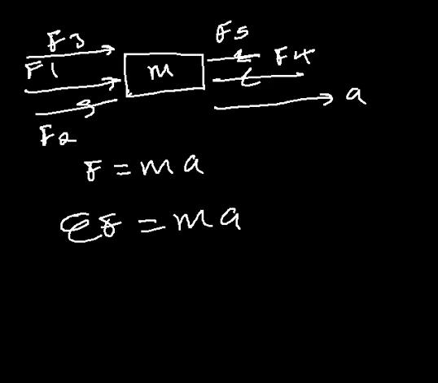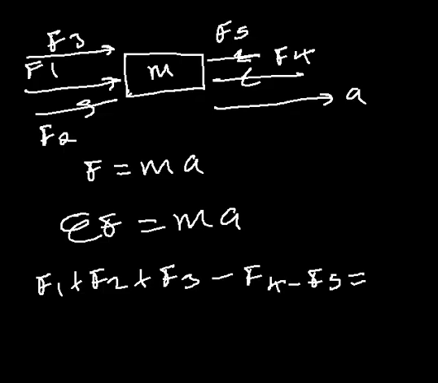So we have to sum up the forces acting. The forces acting in the direction of the motion are the positive forces. So we have F1 plus F2 plus F3, and the forces acting against the direction of the motion are negative forces, so negative F4, negative F5, and this is equal to mass times acceleration.